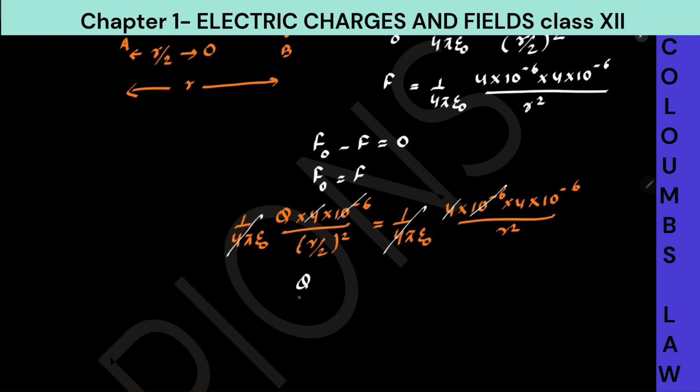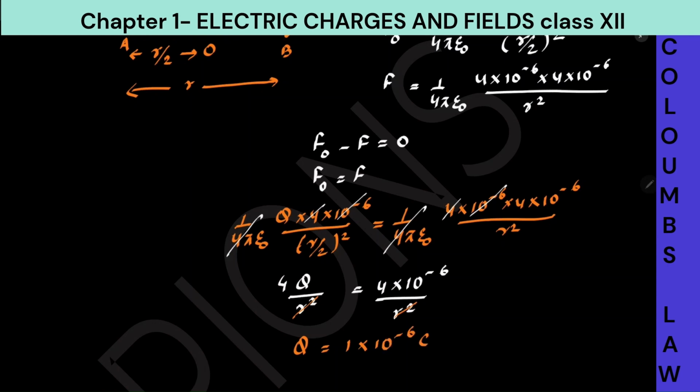On the left side we are left with Q upon R square by 4, so the 4 goes on top, and that equals 4 into 10 to the power minus 6 divided by R square. Cancelling R square on both sides, Q equals 4 upon 4, which is 1 into 10 to the power minus 6 coulombs.